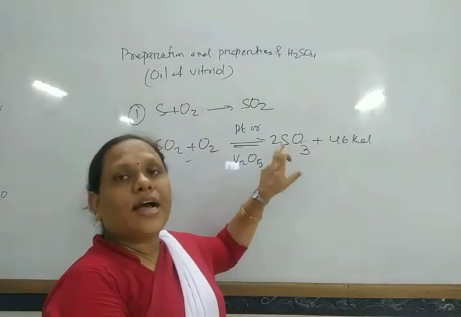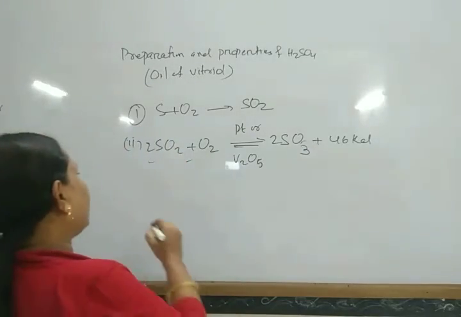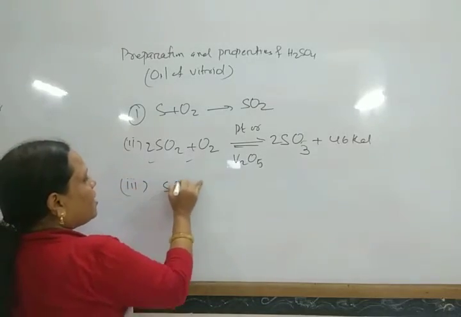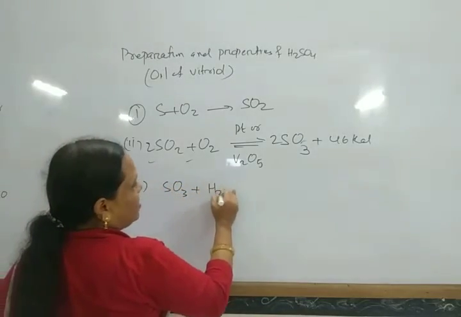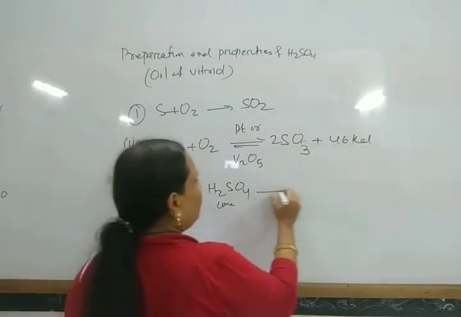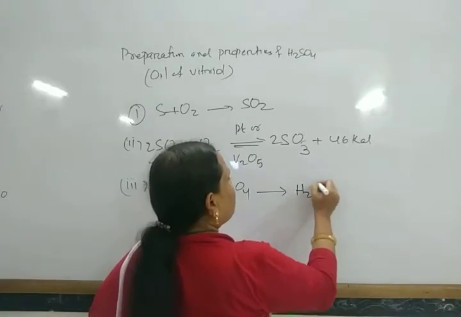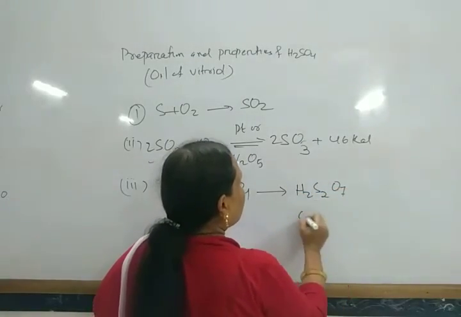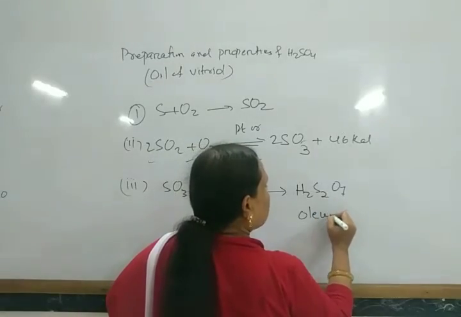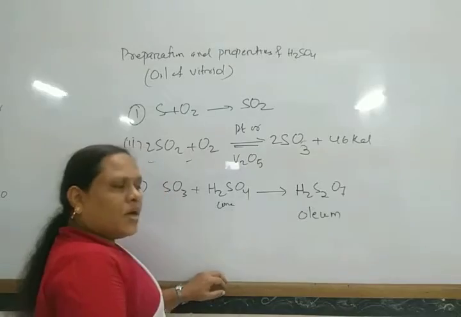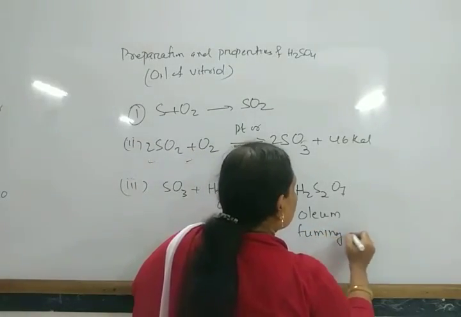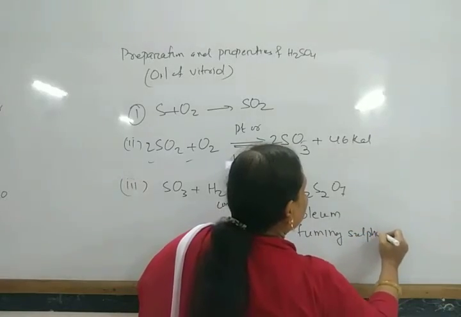trioxide is prepared. After this preparation of sulfur trioxide, this sulfur trioxide is treated with concentrated sulfuric acid to form oleum, H2S2O7. It forms oleum, also known as fuming sulfuric acid.